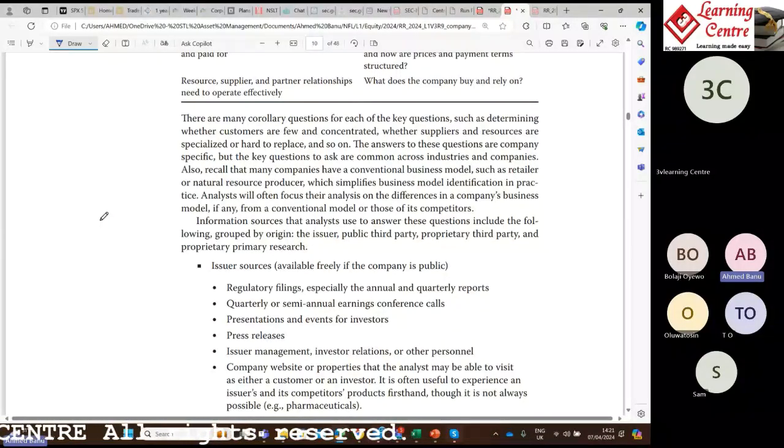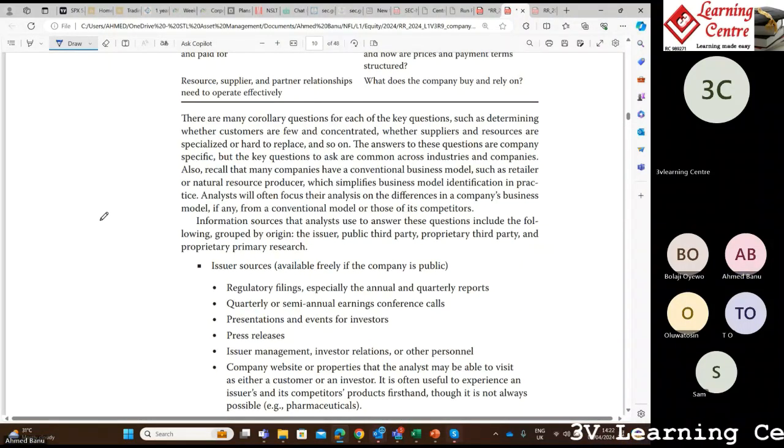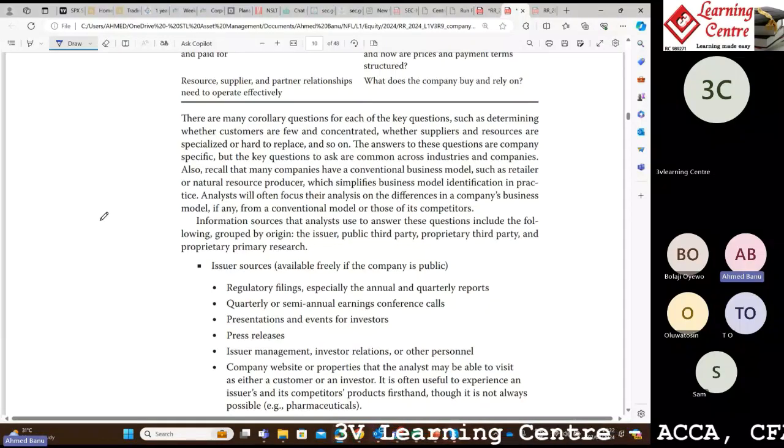The answers to these questions are company specific, but the key questions to ask are common across industries and companies. Yeah. So what they're trying to say is that these questions are the same across industries. However, the answers that you get for each of these questions are different, even for companies within the same industry.